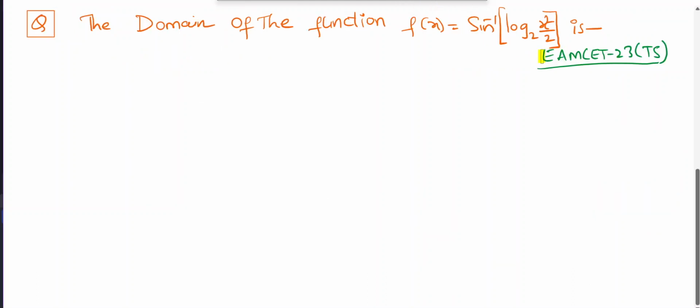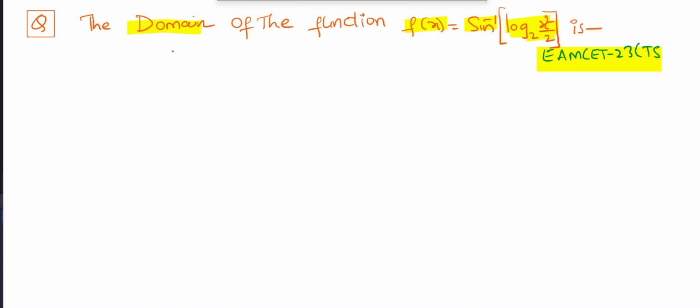This is the next question, EAPCET 23 TS question. Here is given the domain of the function f of x is equal to sin inverse of log of x square by 2 base 2 is dash. Now find the domain of this. So here sin inverse of log of x square by 2 base 2 exists.